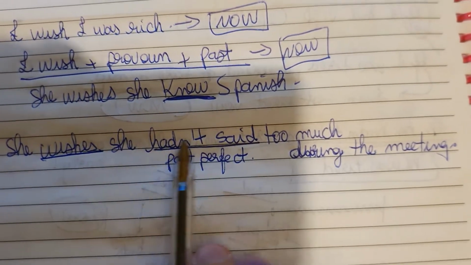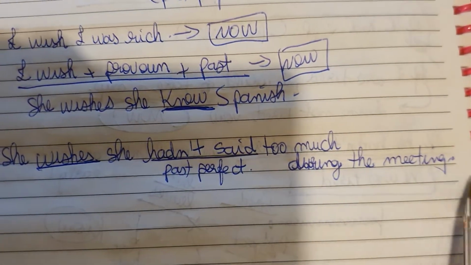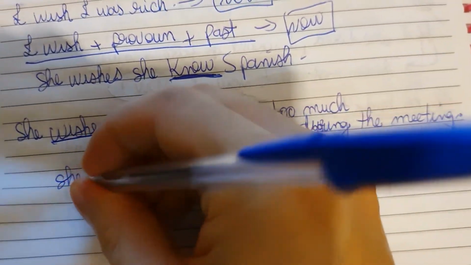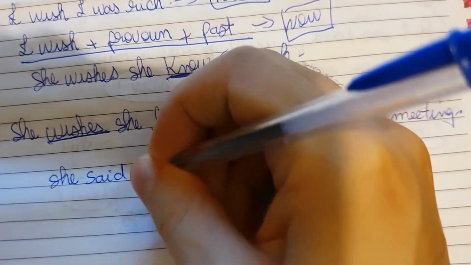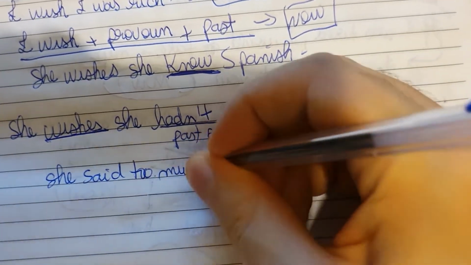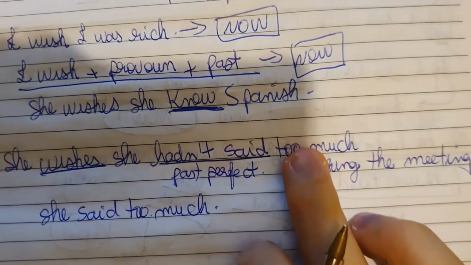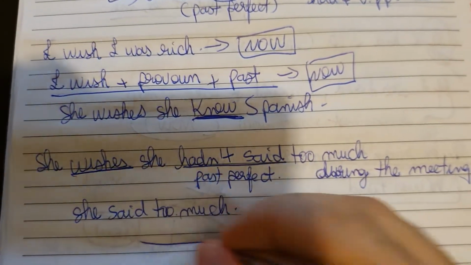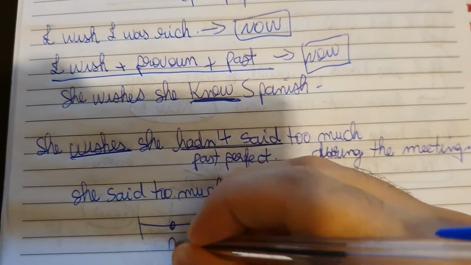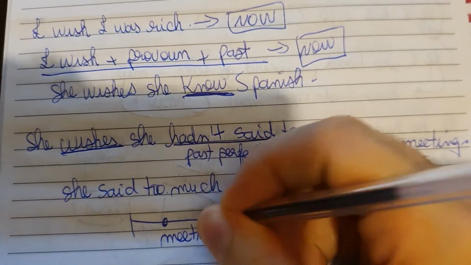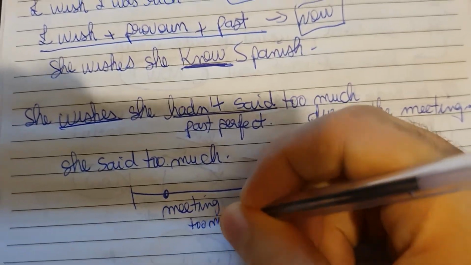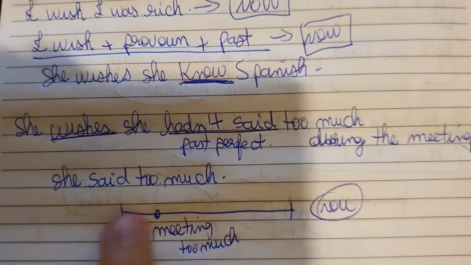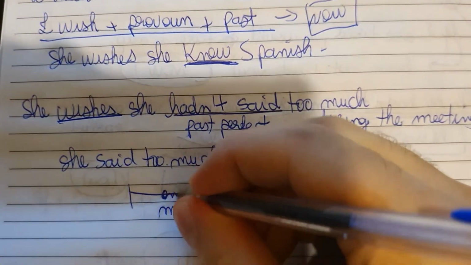She wishes she hadn't said too much during the meeting. What's the true? She said too much. This situation took place in the past. So the meeting was in the past. Meeting here, she said too much. And we have now here. So she said during the meeting took place in the past.